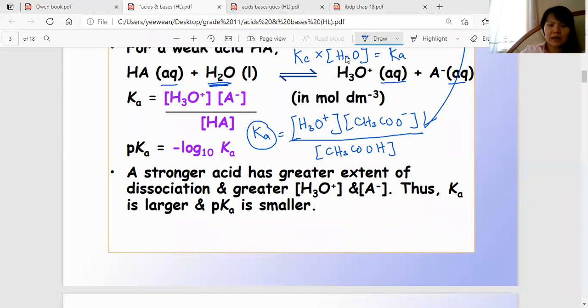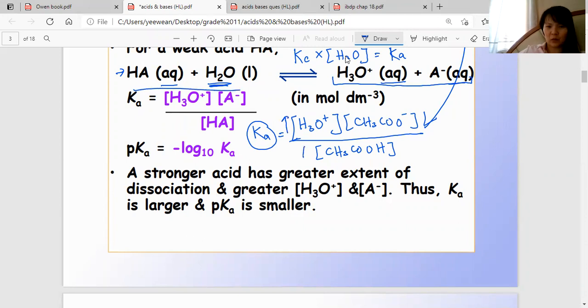Okay, as how we calculated pH, we took negative log of the concentration of H, right? So now to calculate pKa, we'll take negative log of Ka. Do you see that in this equation, the more an acid can dissociate, it'll shift to this side of the equation. Therefore, this will be higher, and therefore, this will be lower.